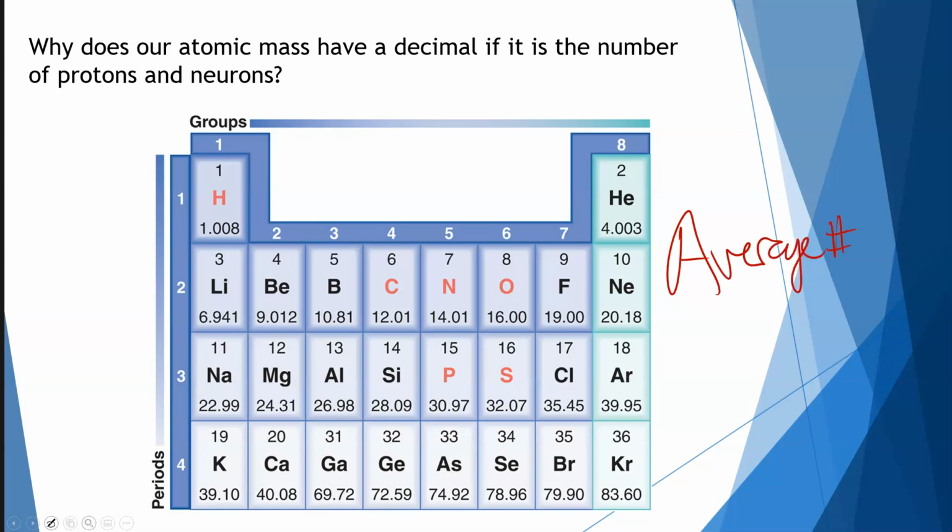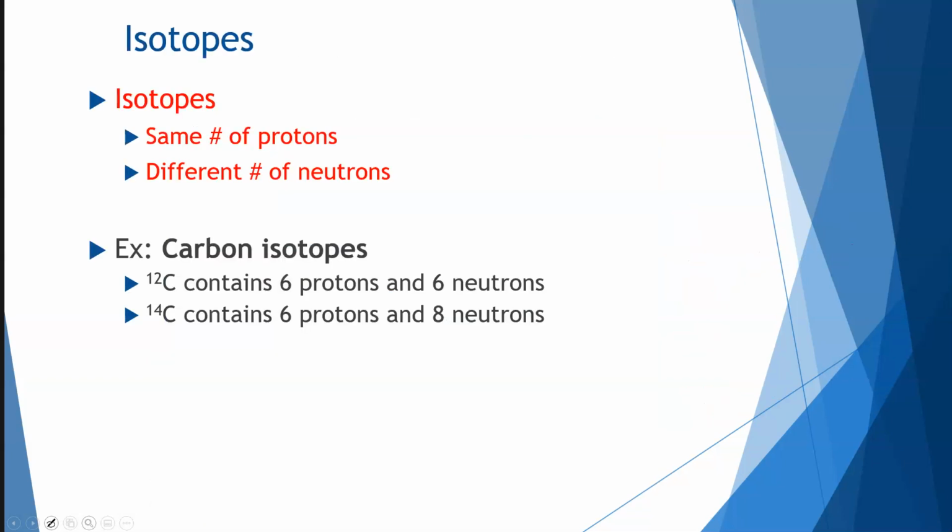Think about your grade in any class. Most people don't have a grade like a 75. Their grade might look something like a 75.21, right? That means they're averages. Some tests you got a 100, some tests you got a 50. All of that is going to play a role.